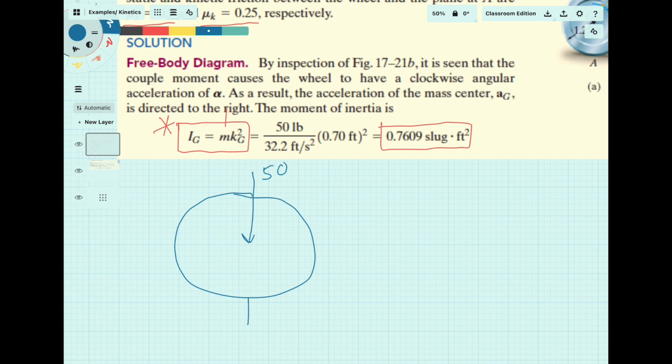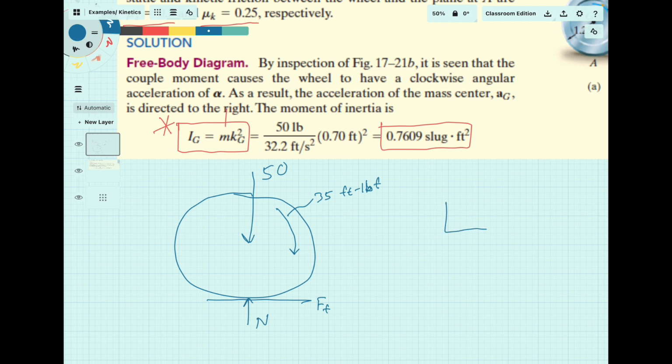We're going to have a normal reaction, and then there's going to be a friction force as well. This one has an applied moment to it, which is 35 foot-pounds. That should be everything for the free body.